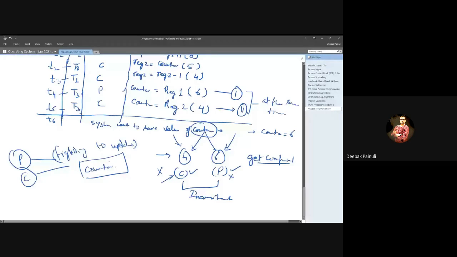Therefore, a situation like this, where several processes access a common variable and manipulate the data concurrently at the same time, and the result of execution depends on the order in which the access takes place, right?